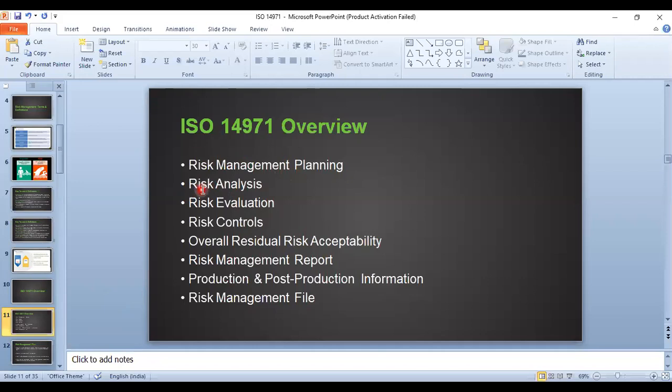Also how you analyze the risk, how you evaluate the risk, how you control the risk, and the leftover residual risk. And finally the risk management report, production and post-production information, and a final file called the risk management file. These are the major components of ISO 14971.